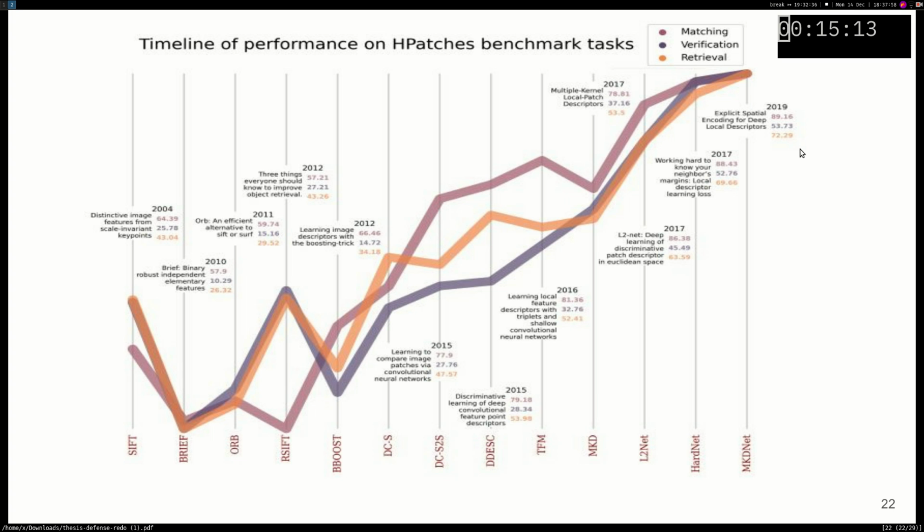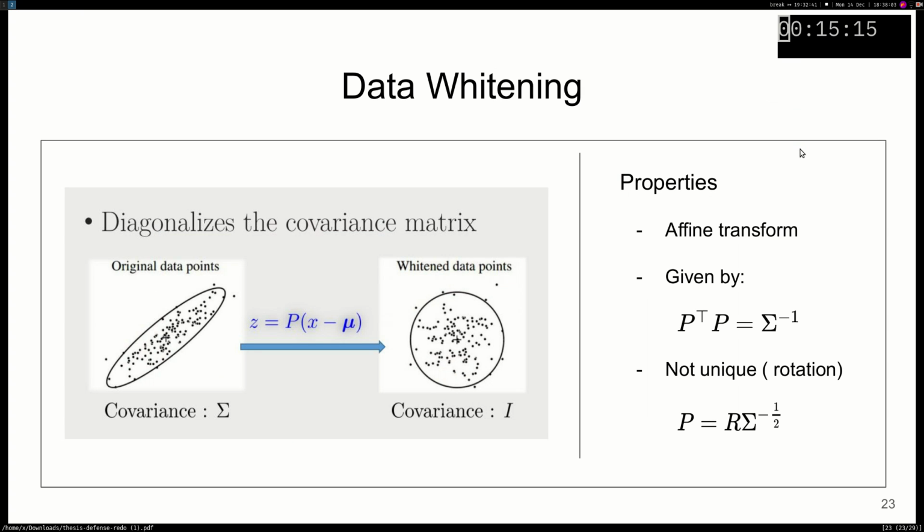Now, let's finally come to the last part of our thesis, which is robust data whitening. First, let me explain what data whitening is. In data whitening, we are given a set of data points x, which you can see here, which has some covariance sigma, and we have some defined transformation based on the parameters P and mu, such that the covariance of the points z in this whitened space is identity.